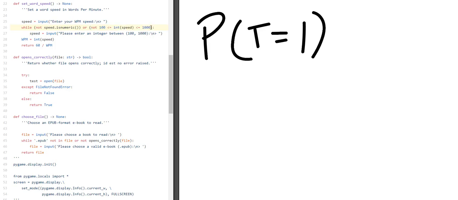So the user might pick any input between that uniformly at random. Okay, so now we have our assumptions. So now what can we say about this probability that T equals 1? Well, this probability means that the very first time that the user picked a number, it was within that range.